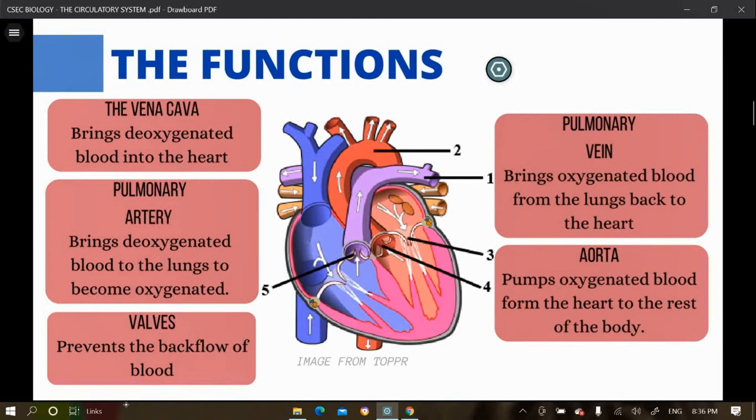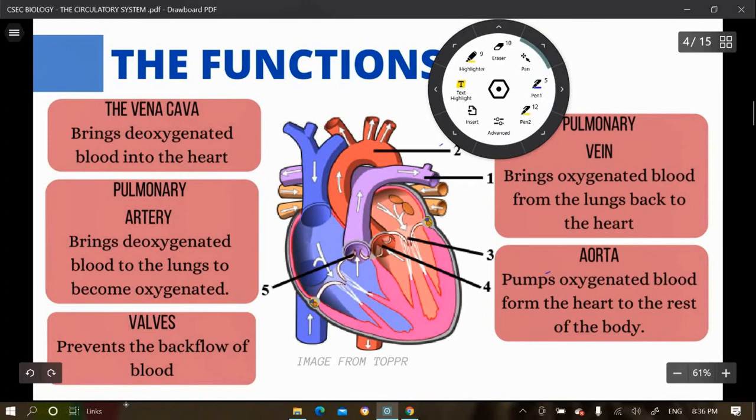It brings oxygenated blood back to the heart, and it is the only vein in your body, if you're not a pregnant woman, that brings oxygenated blood. Okay, and here we go. The aorta, the largest artery, pumps oxygenated blood from the heart to the rest of the body.